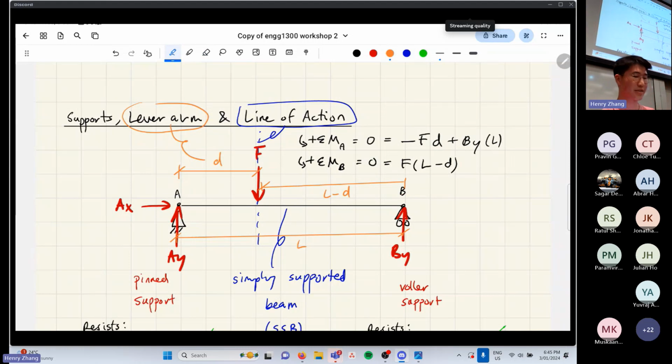Because the length of the beam minus the lever arm, which we specified before. I just didn't want to call it a different symbol. But it's going to be positive because this force is causing a counterclockwise spin on point B, right? And AY, inversely, is going to be negative because it's causing a clockwise spin. Anyway, I think you get the point.